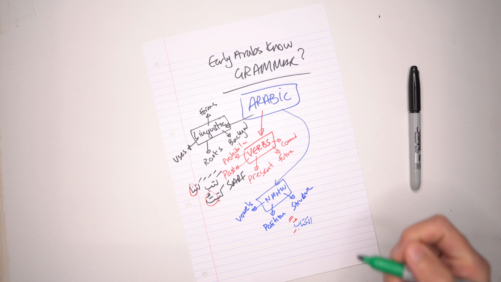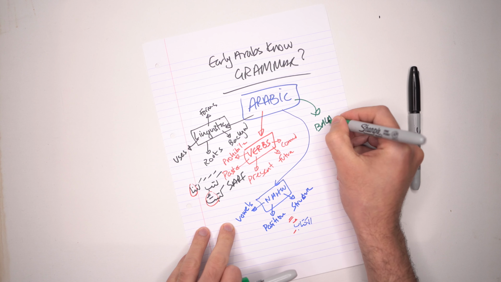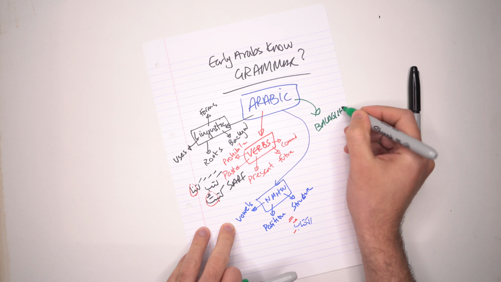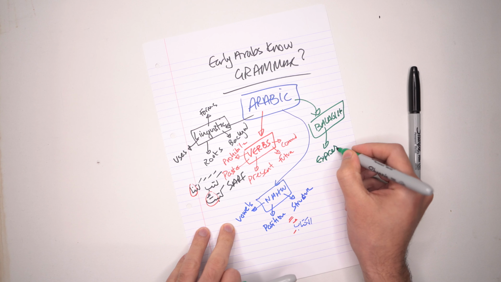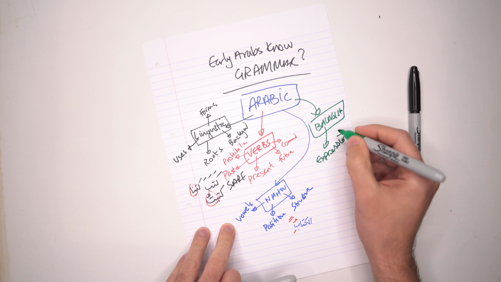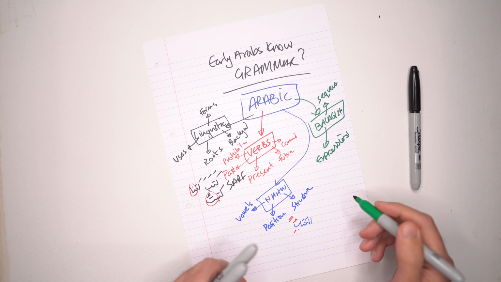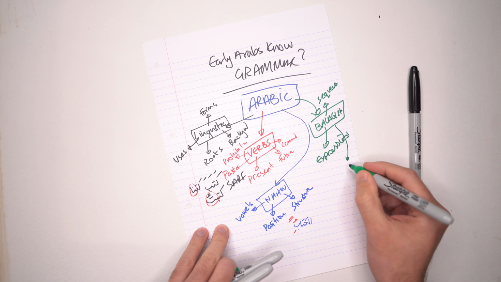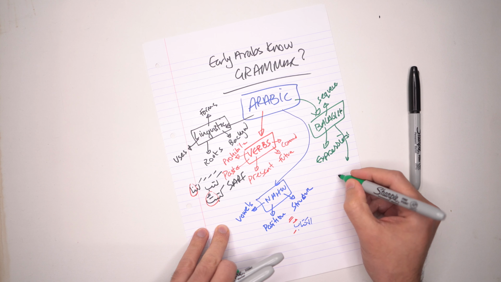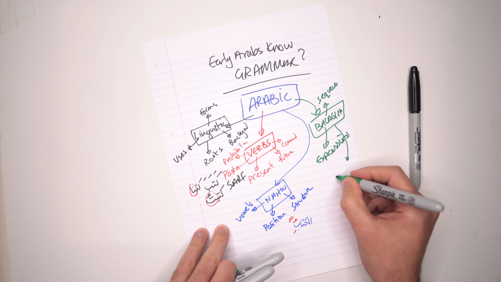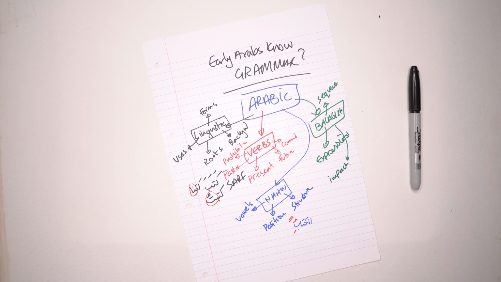And then you have the science known as Balagha. Balagha is more to do with the expressions, the way things are expressed, the sequencing of words, metaphors, similes, etc., and the impact certain sentences have on the reader.